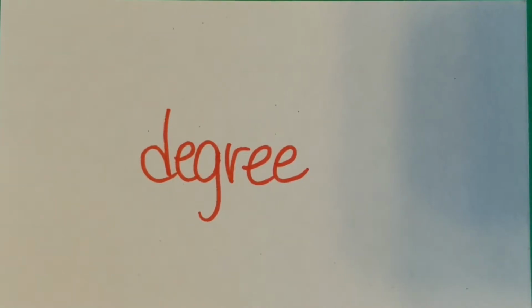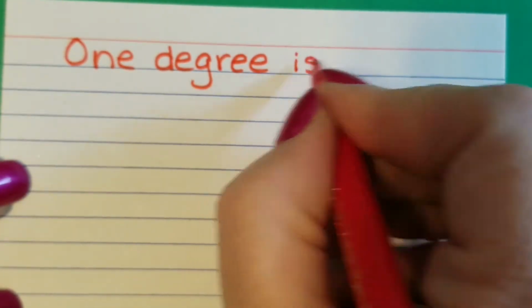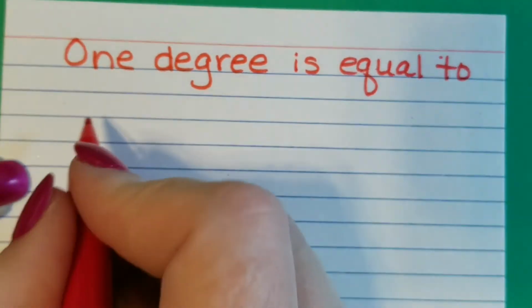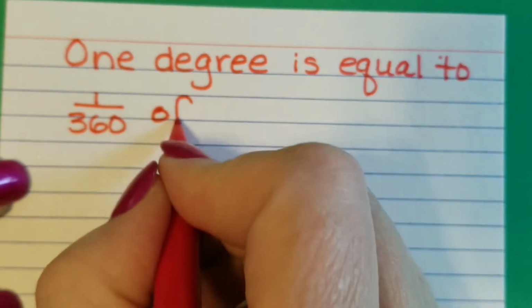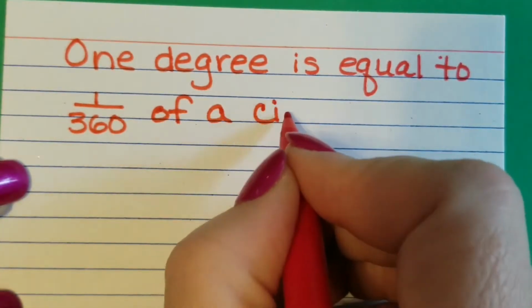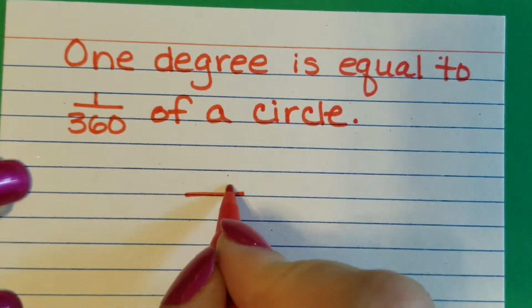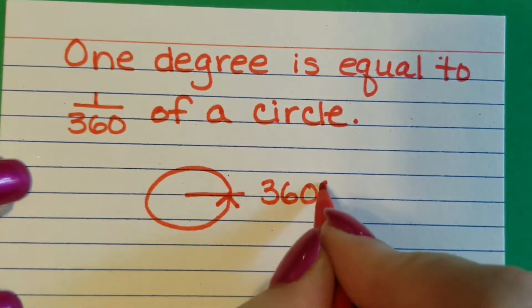The angles are going to be measured in degrees, and 1 degree is equal to 1 of 360 degrees of a circle, which means that if you have a circle, that circle is 360 degrees.